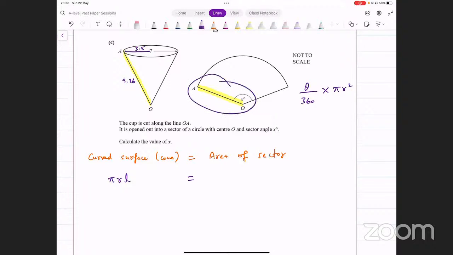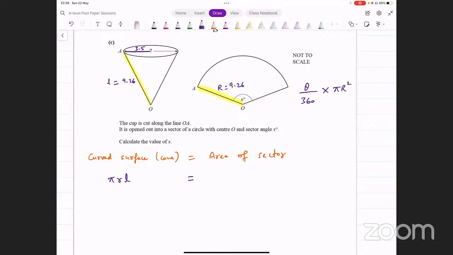Sector का radius different है, remember? Let me actually represent it using a capital R, just to differentiate between the radius of the cone and the sector. इसको मैं capital R से represent कर रहा हूँ. इस radius की value कितनी है? That is 9.26. Right? OA है ना ये भी. तो slant height जो वहां पे थी, वो यहाँ पे radius बन गई है. This is also 9.26. For the cone, that was slant height. For the sector, this is the radius.